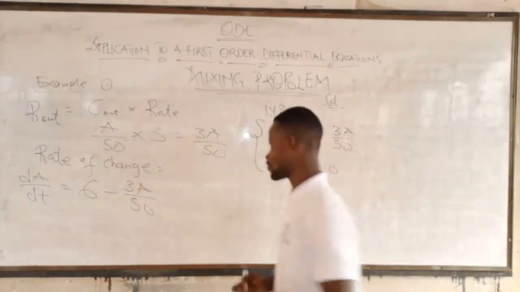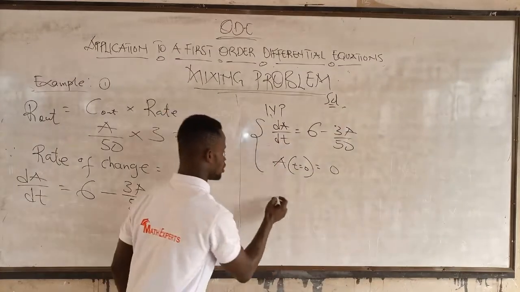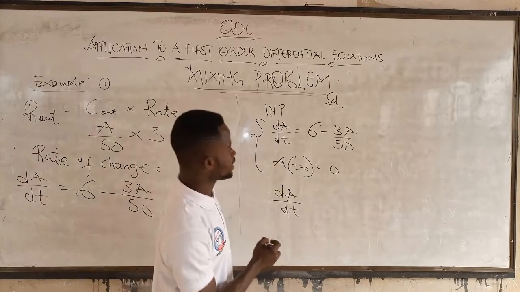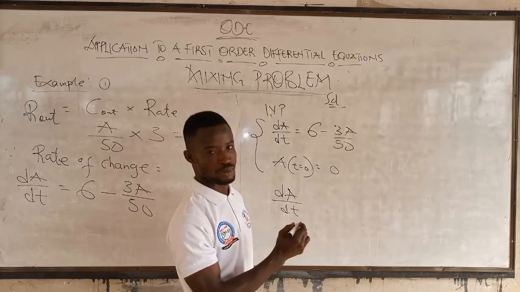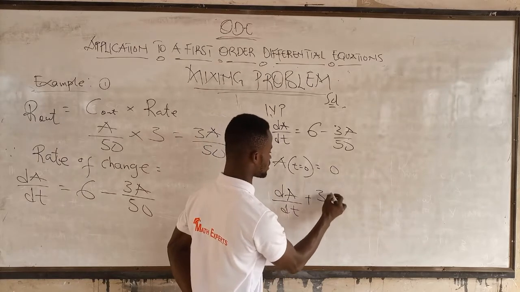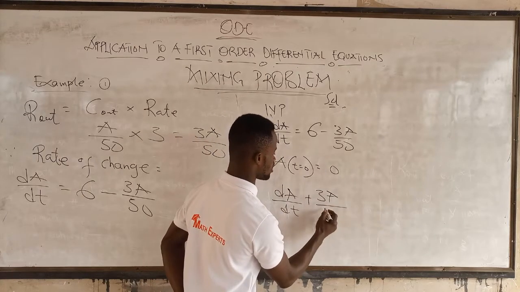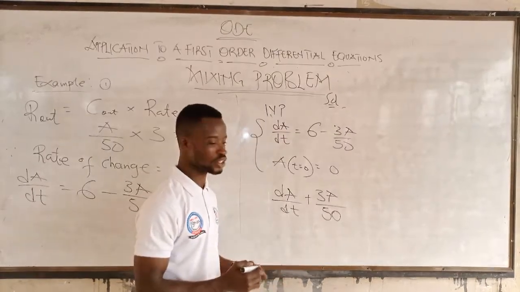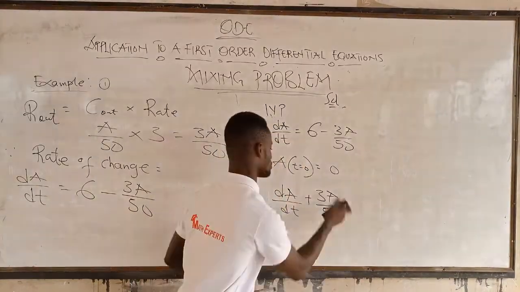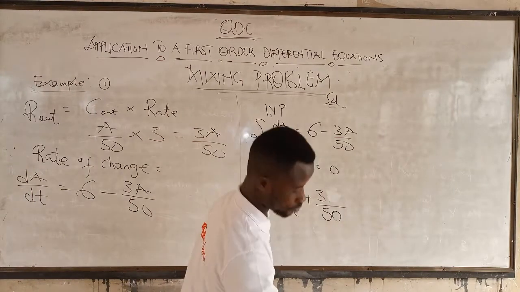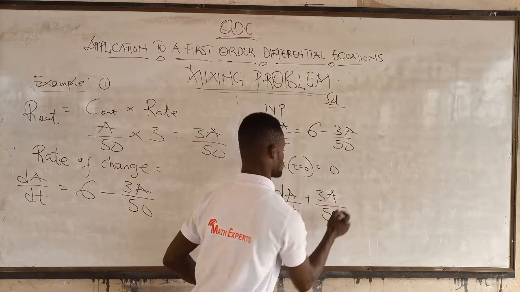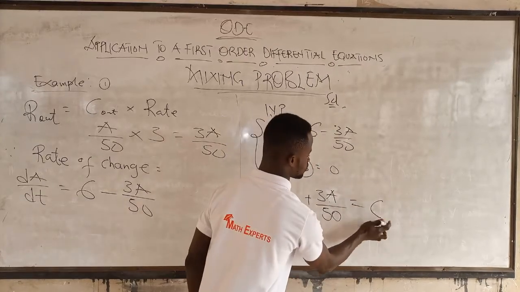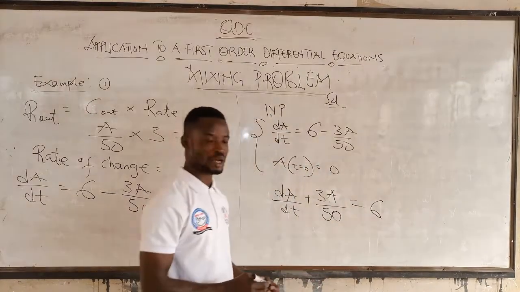Alright, so let's solve the differential equation. Let's leave it in the proper form. So the dA/dt here will be plus 3A over 50. In fact, this part, please pause the video and do it. Any of the methods that you use is acceptable.